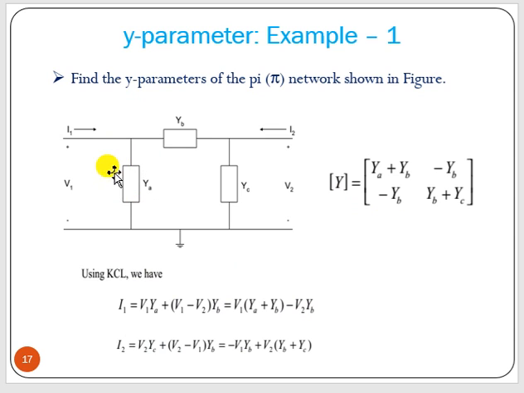Nothing but the current through this, that is V1 into Ya, and here the current is V1 minus V2 into Y, because current is actually V minus V divided by R, and 1 by R equal to Y. So we can find the expression in terms of V1 and V2. For I2, similarly, that will be V2 into Yc and V2 minus V1 into Yb. So we can again find in terms of V1 and V2, then we can get the values of the admittance parameters.